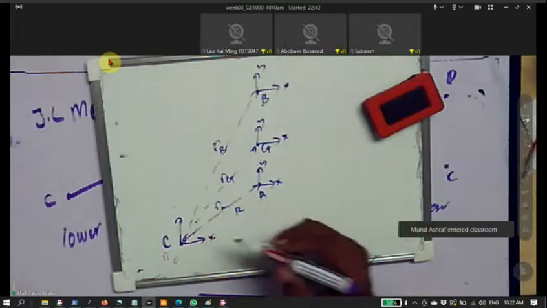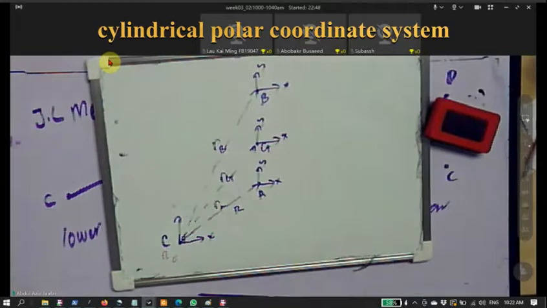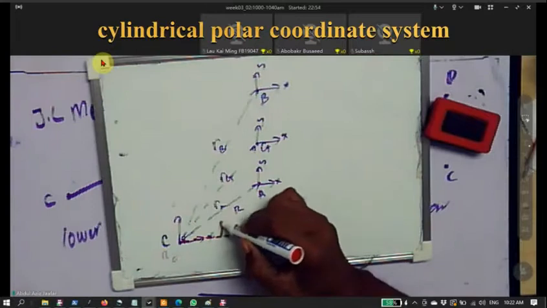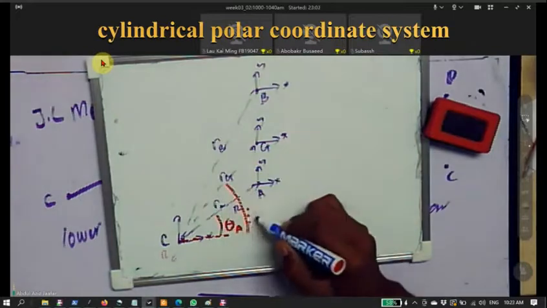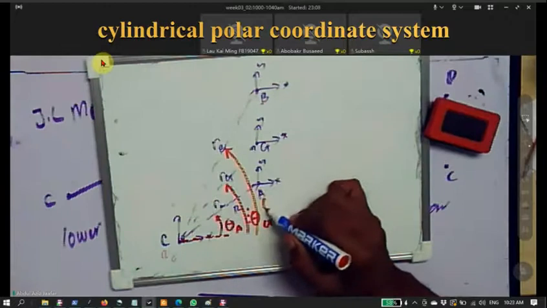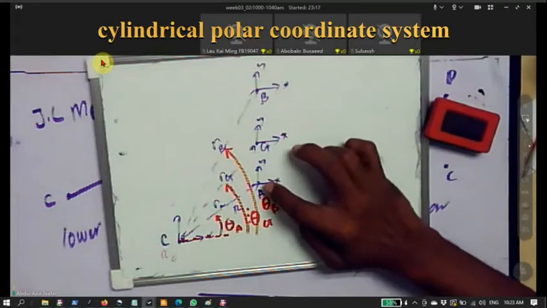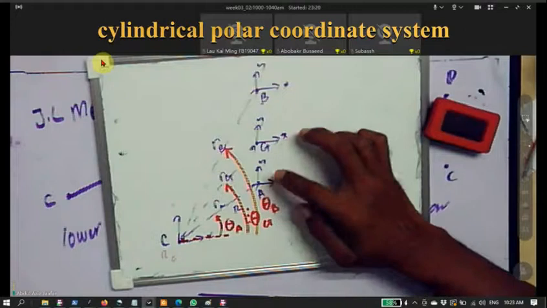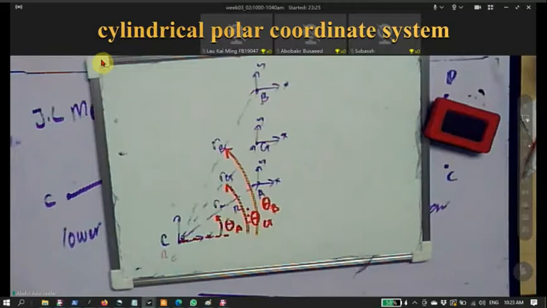If you are looking at the spherical polar coordinate system, we have theta 1 there, A, and then we have theta G, and then we have theta B. In order for us to evaluate the position vectors, the velocity or acceleration, we have to include this information, and it becomes so many unknowns in the problem.